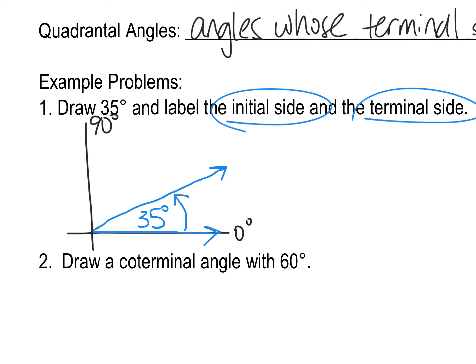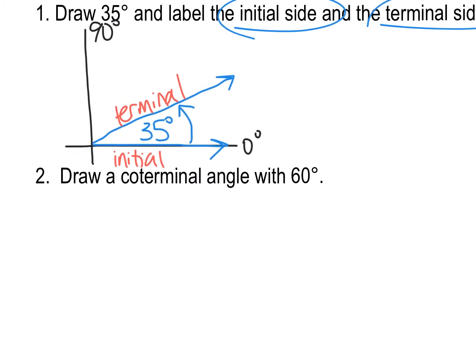It says label the initial side and the terminal side. So initial means beginning, and this is the initial side. Terminal side is where did it end. And that, in a nutshell, is your vocabulary for initial and terminal and how to draw your very first angle. Congratulations.